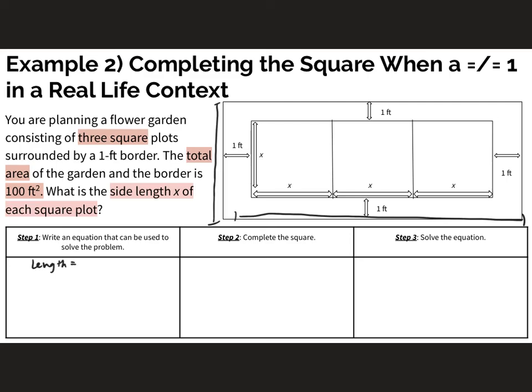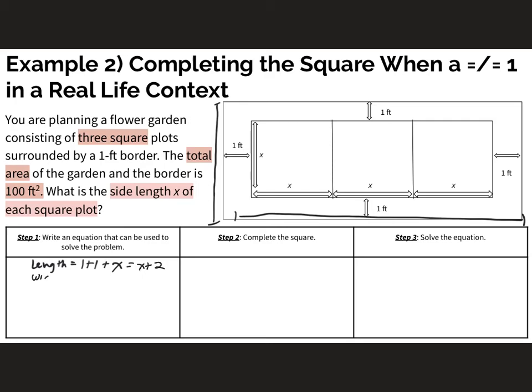It seems like it's made up of this border that's 1 foot here and 1 foot here, so I have 1 plus 1 foot, and then I have this garden over here, which is x feet tall. So this is going to be 1 plus 1 plus x. I combine these like terms, and I get x plus 2. So I found the length.